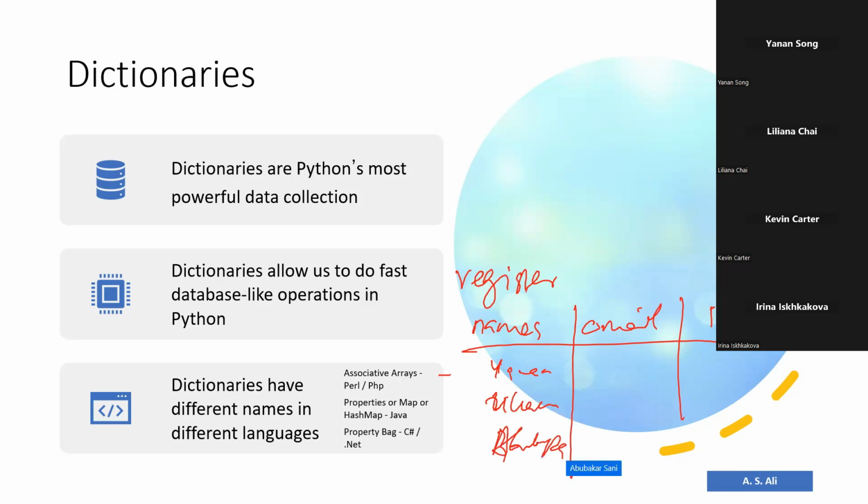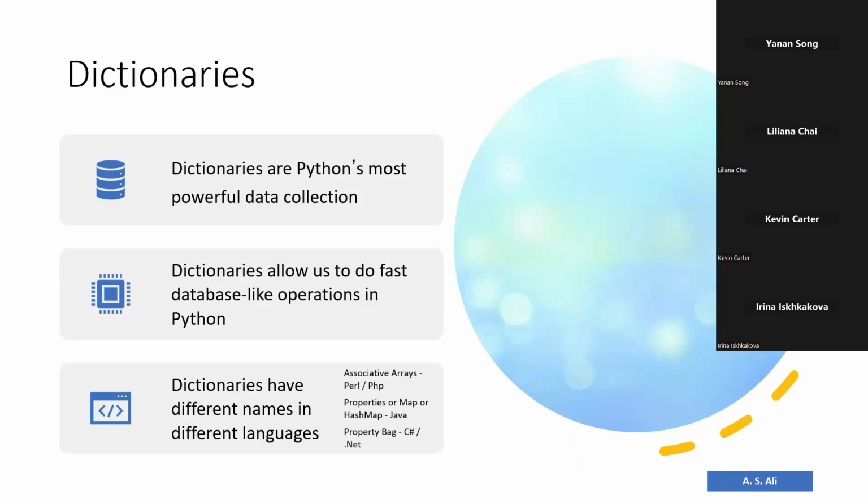You will see how we will use a dictionary to represent this kind of data as a single Python data structure. That's why it is powerful.